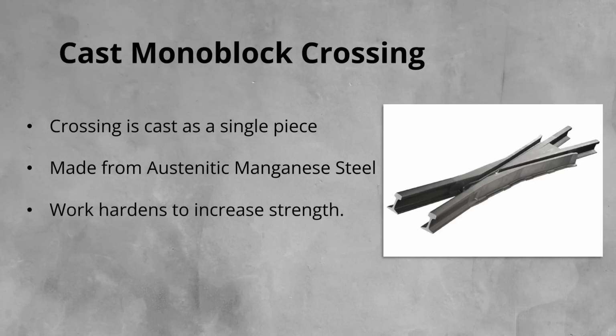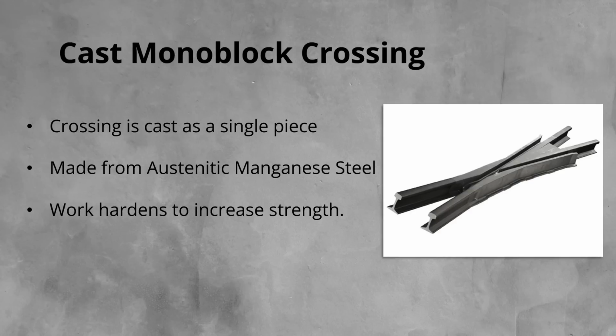These properties increase over time, as the metal is what's known as work hardened. Work hardening is when a metal is strengthened by hammering, rolling, or another form of mechanical process. In the case of a railway crossing, work hardening is done by the wheels of trains passing over it. This does take time, and can lead to uneven hardening.